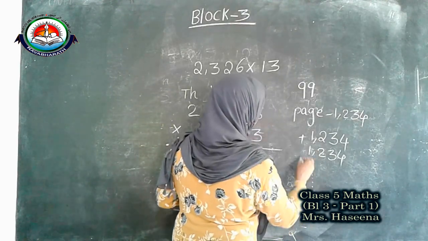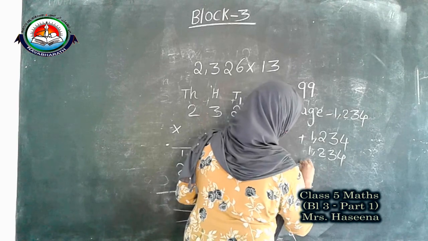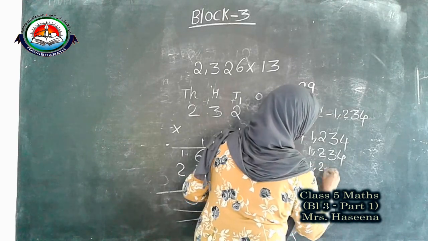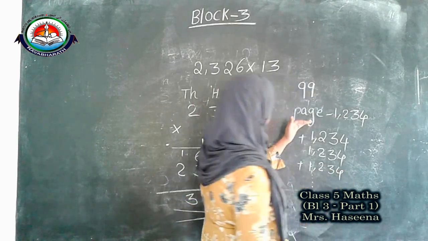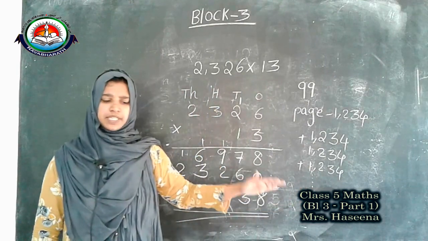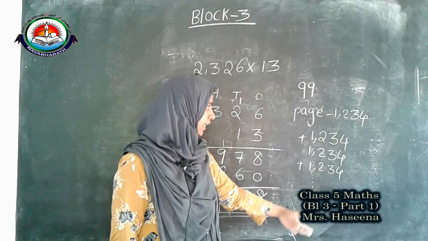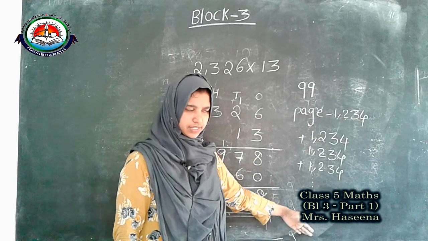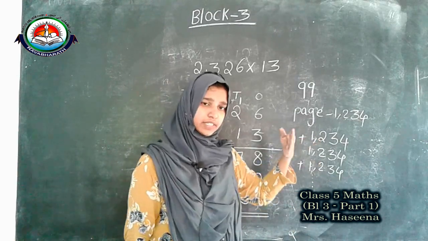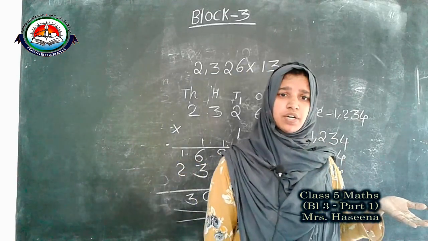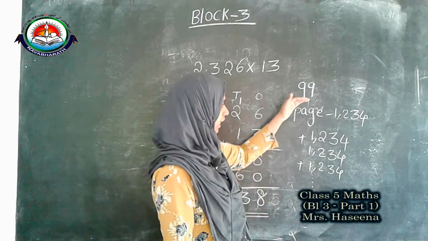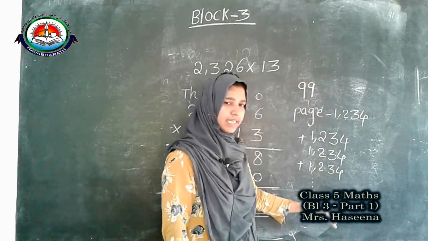Plus. Again plus. 1234. Like this we are adding, means we will get the total number of words. So, how many times do we want to add? We want to add 99 times.